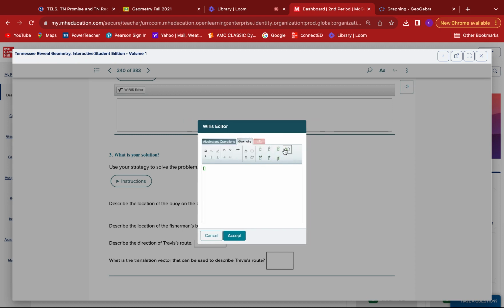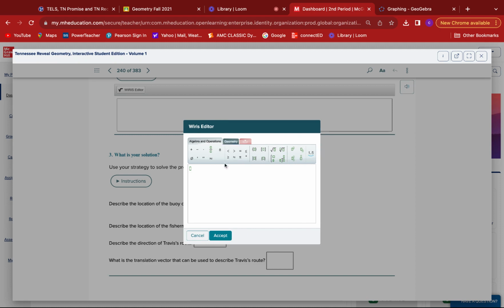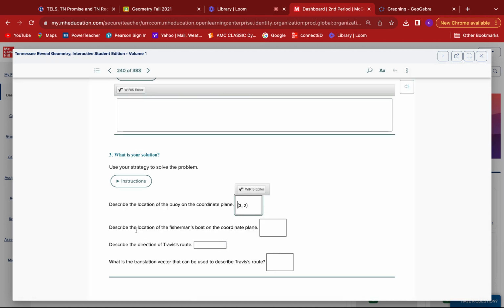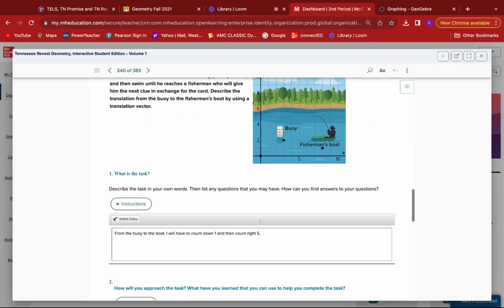Oh, I found my component form there. Okay, oops, backwards. All right, and describe the location of the fisherman's boat. So let's see, that's 5, 6, 7, 8, up 1, 8, 1.